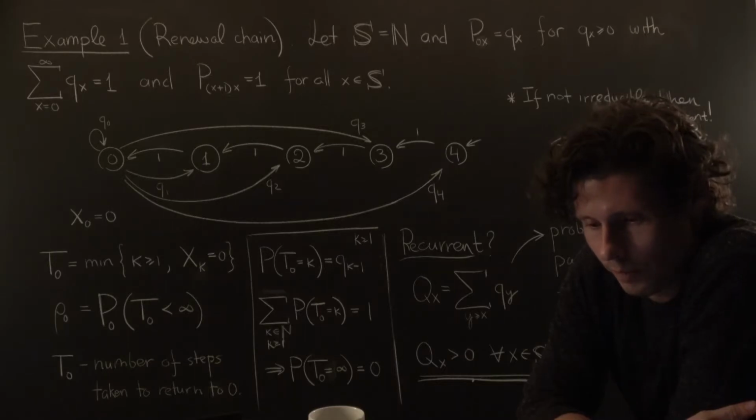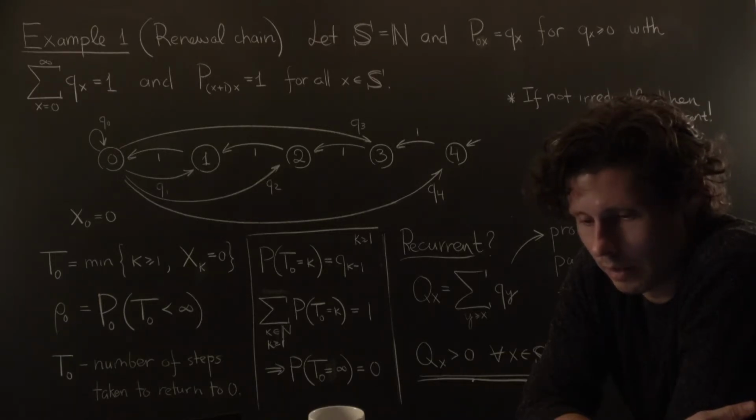And so I'm going to pick state 0. You can try it with others. Maybe I'll make a couple of remarks at the end about other states, but 0 is a very natural state to work with here.